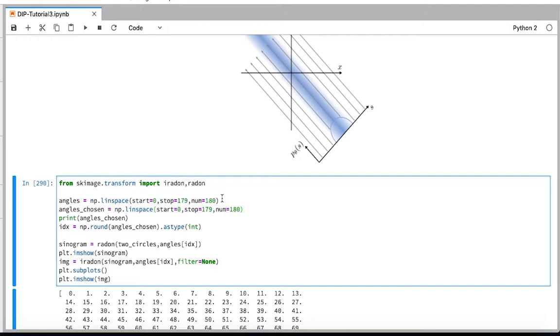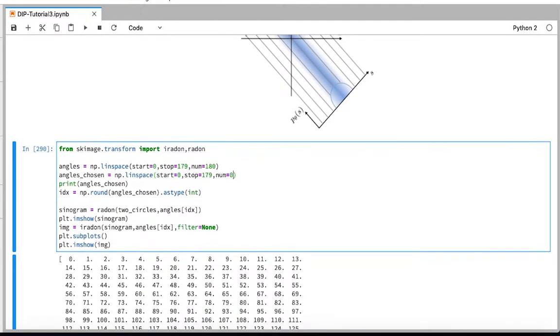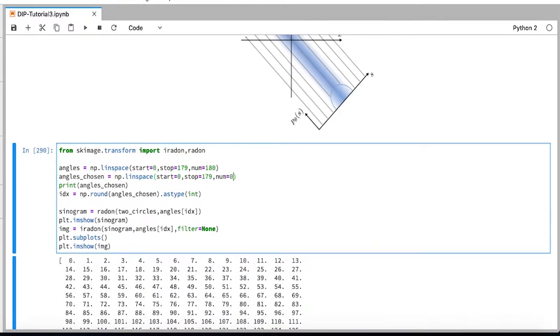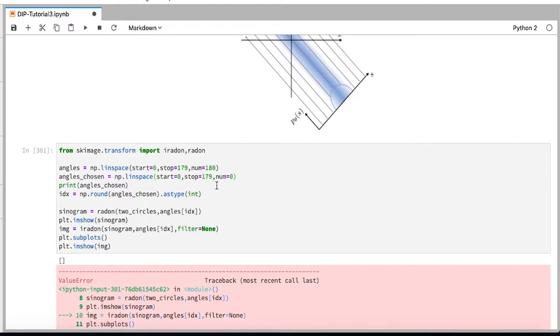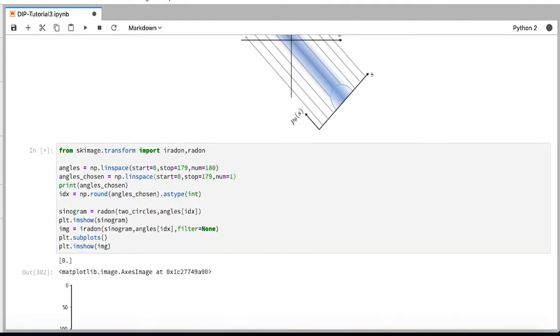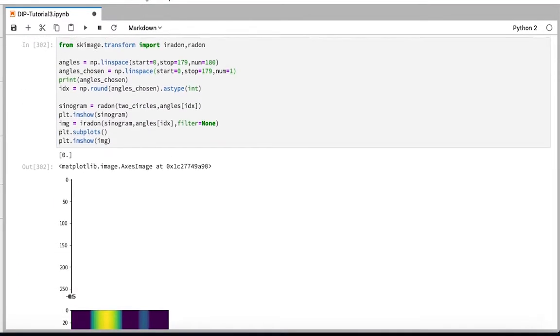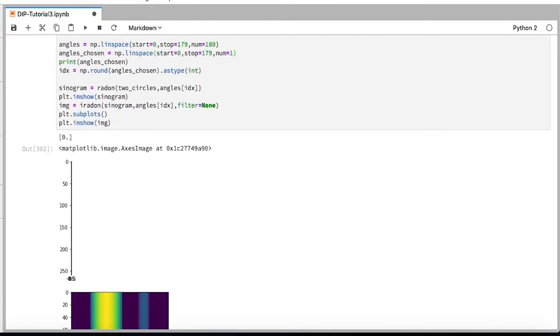Let's assume that I'm collecting data only from the first projection, and I want to estimate how the image would look if I took only this scan. So this is the two circles case.